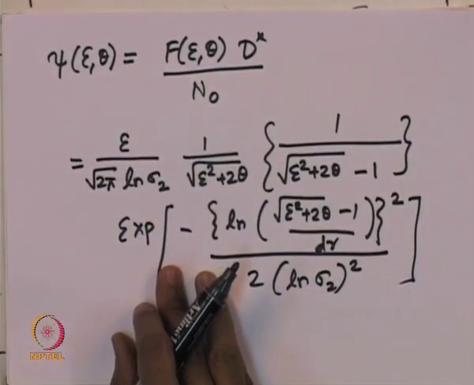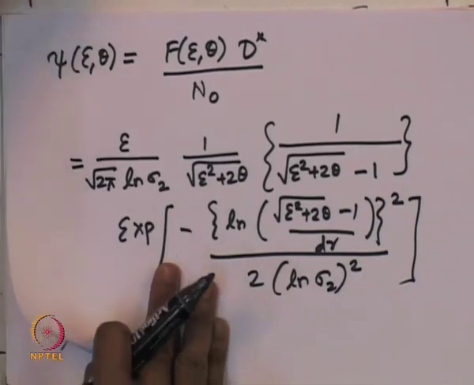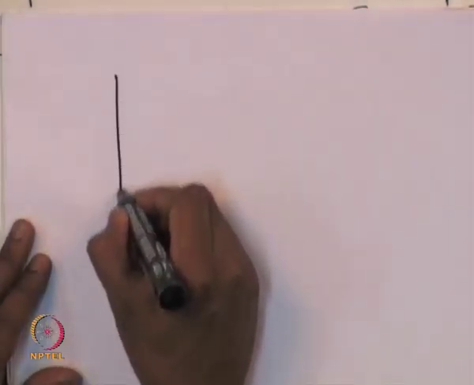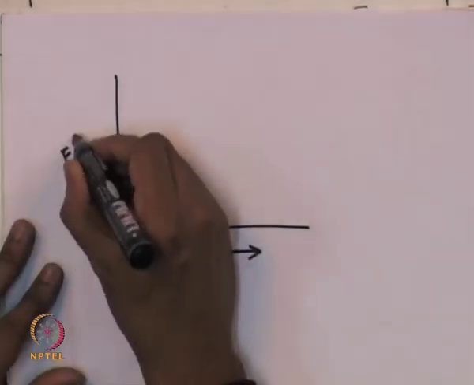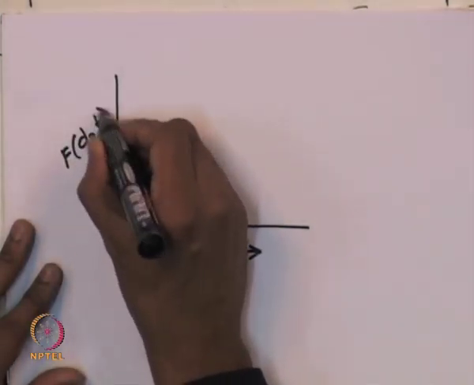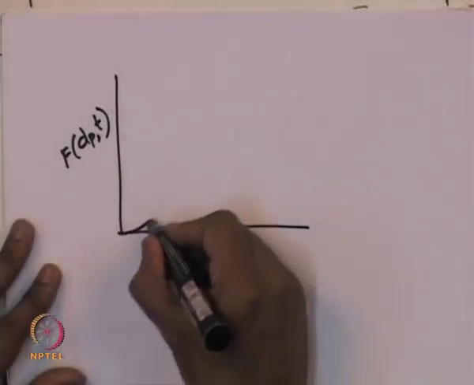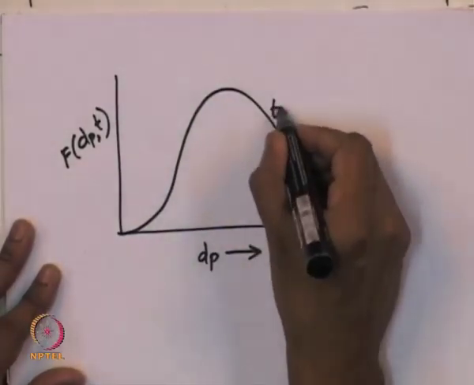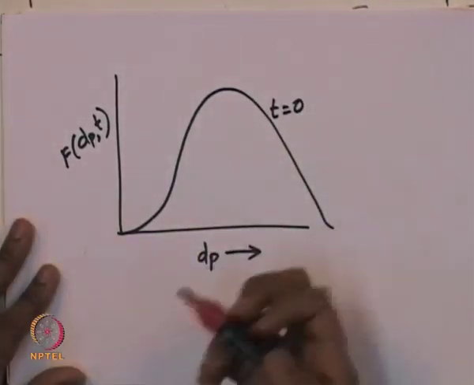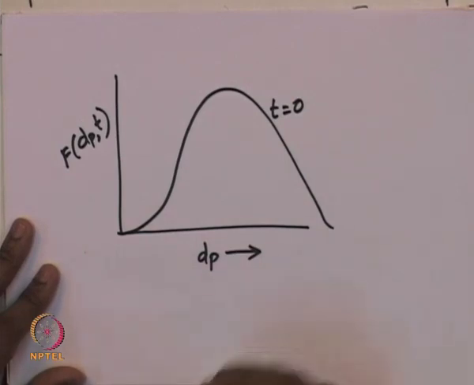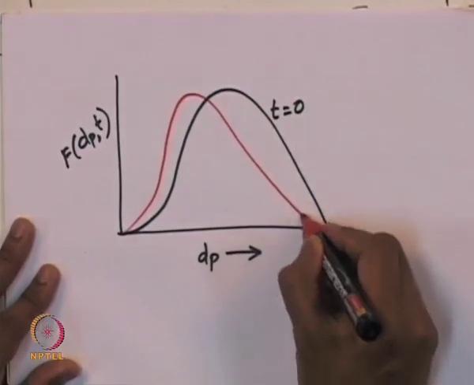So, once we know this distribution, we can look at the distribution profiles as a function of time. Suppose this is dp, the particle diameter, and this is f of dp comma time, and this is the initial distribution, so that is time t equal to 0. Then as time progresses, all the particles are undergoing dissolution because of the heterogeneous reaction, and so the distribution changes.